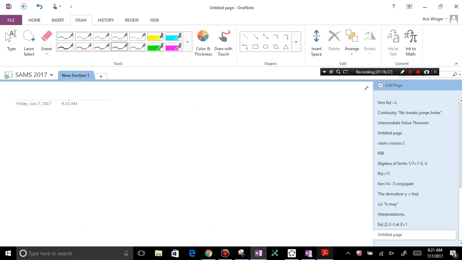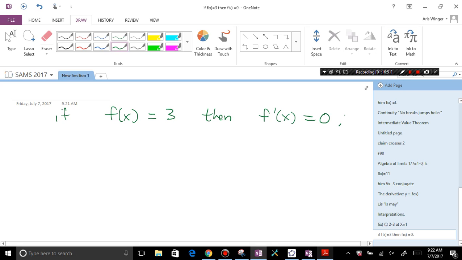The claim: if f of x equals 3, then f prime of x is 0. That's the claim.